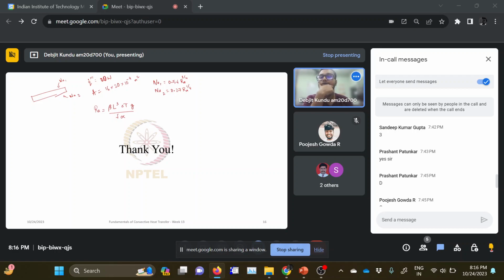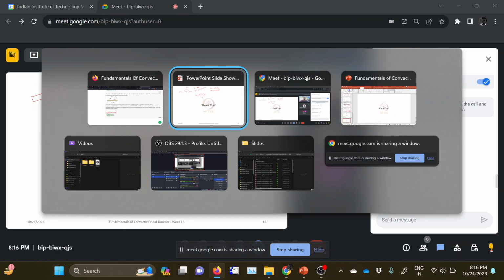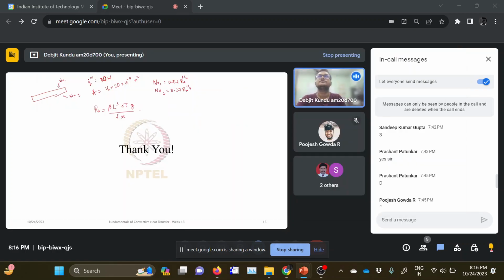Yeah, we do have everything. Let's see. I'll try to put the values now one by one. So first of all, we will write this as beta L cubed g delta T divided by nu squared into Prandtl number, right?